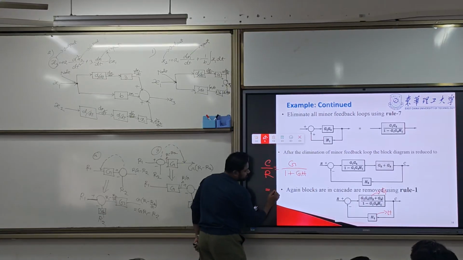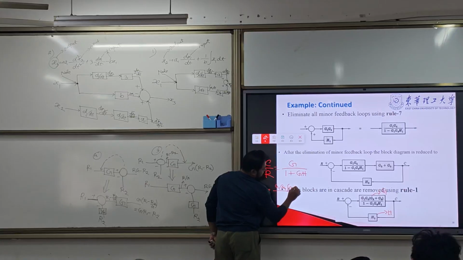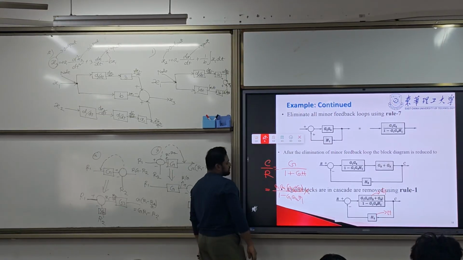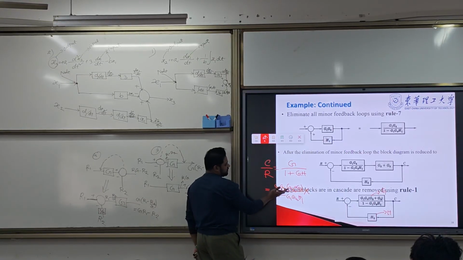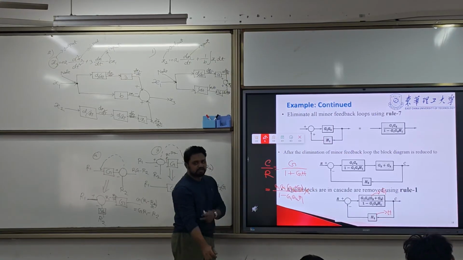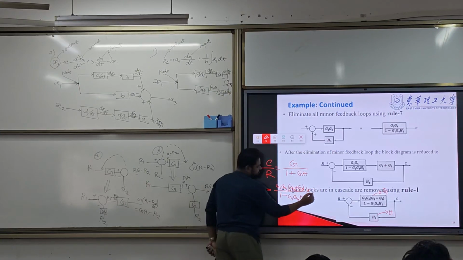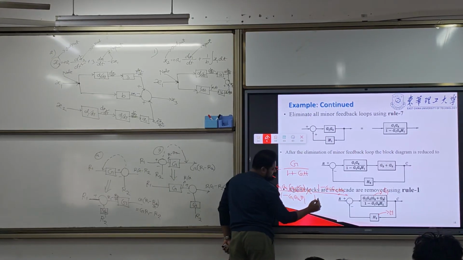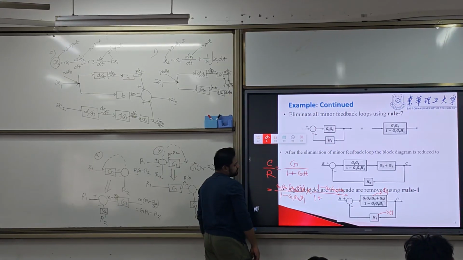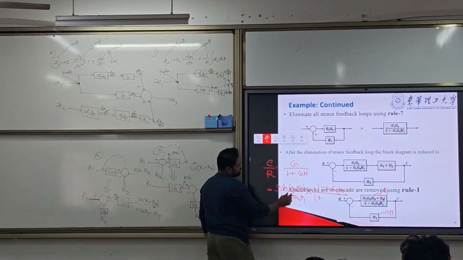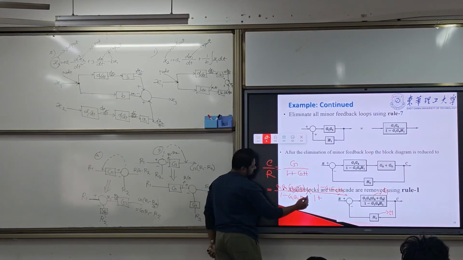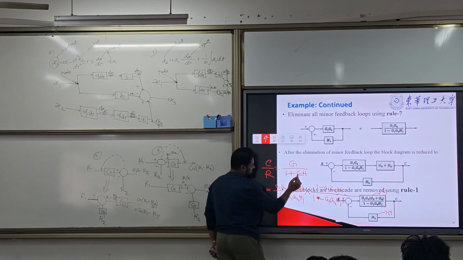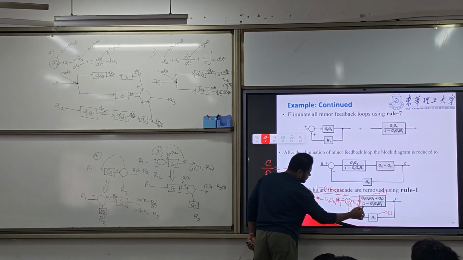So we know the G, we know H. You can find the value: G is G1 G4 (G2 plus G3) over 1 minus G1 G4 H1, and 1 plus GH. Inside there, we can write 1 minus G1 G4 H1, and this side it will be 1 plus G1 G4 H1 into H2.